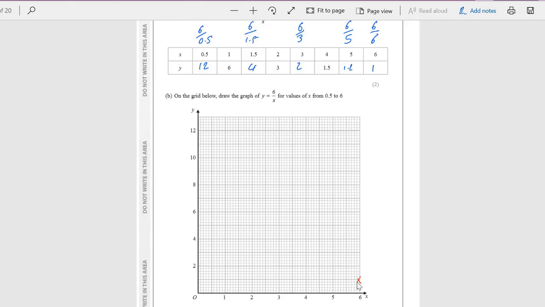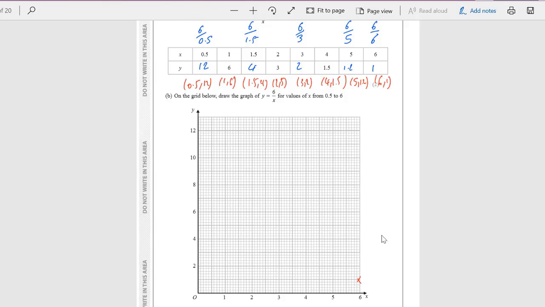Now because I'm using a graphic tablet, it's going to be a bit hard for me to be very precise, but essentially you're going to have coordinates 0.5, 12, 1, 6, 1.5, 4, 2, 3, 3, 2, 4, 1.5, 5, 1.2, and 6, 1.